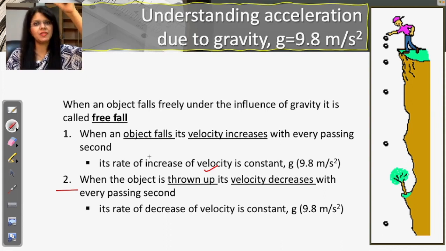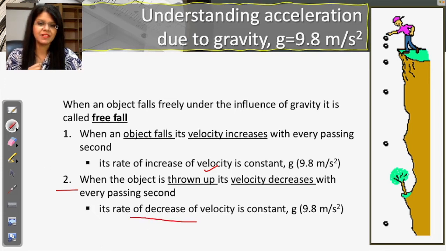Ultimately, it stops and comes down, right? Velocity decreases. And what is the rate of decrease of velocity? The rate of decrease of velocity is again a constant, and it is the same G, which is 9.8 meters per second square. Let us understand point number 2 in the next slide.